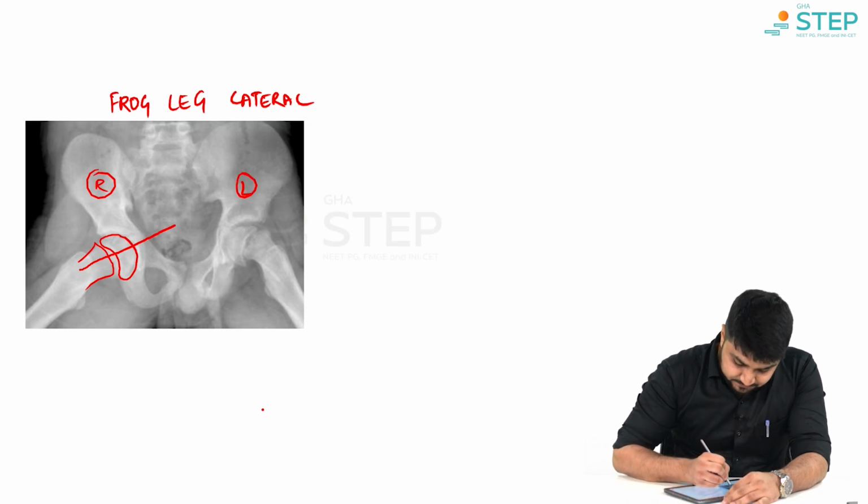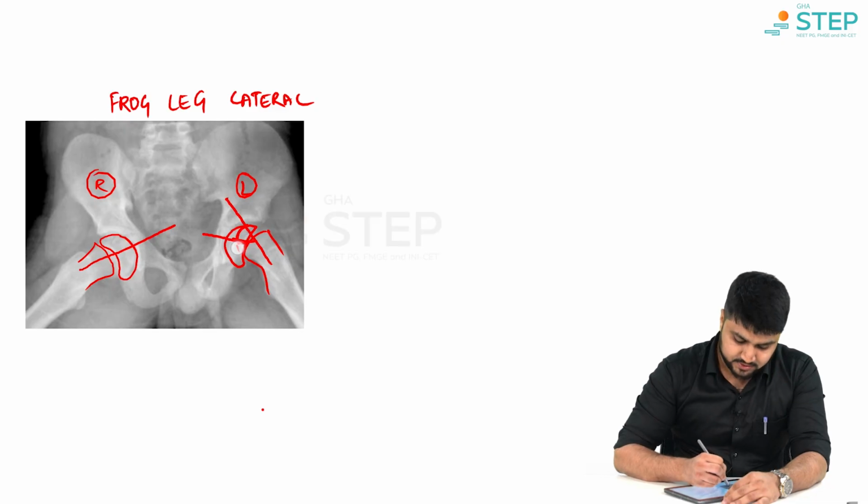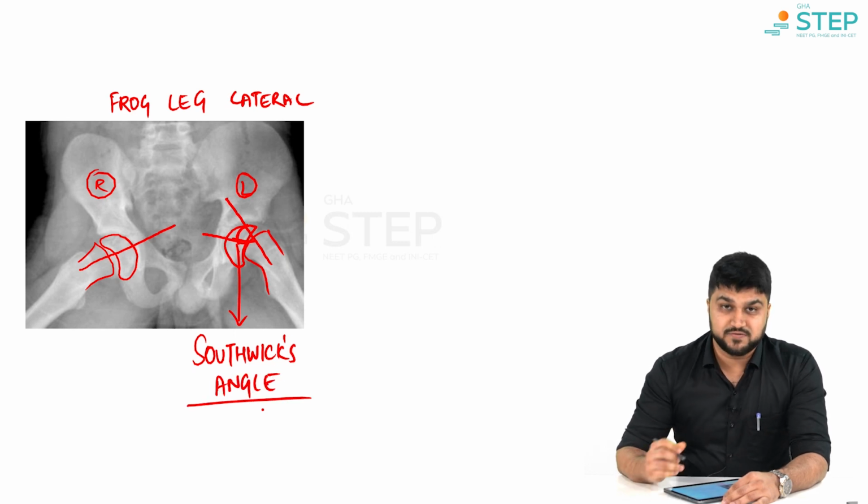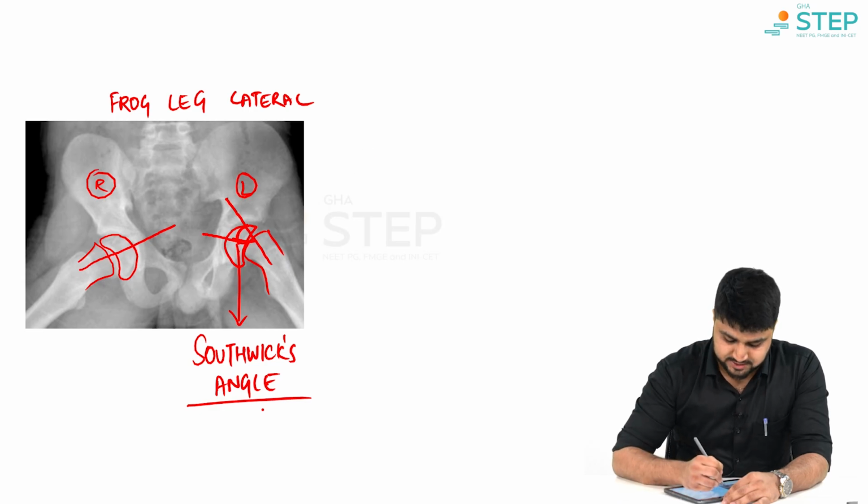On the left side, if I draw a line along the axis of the epiphysis and the axis of the neck, they make an angle to each other. This angle is known as the Southwick angle, and this angle determines the severity of slipped capitofemoral epiphysis.